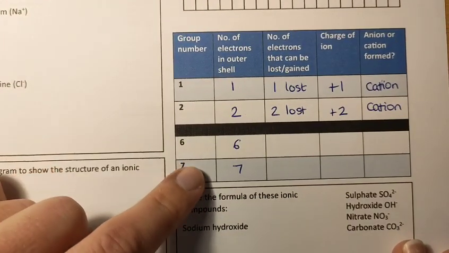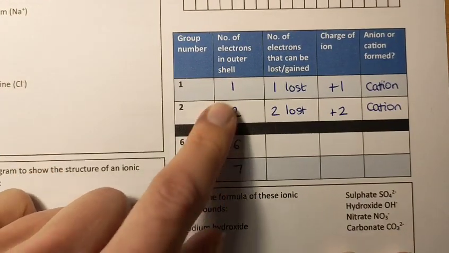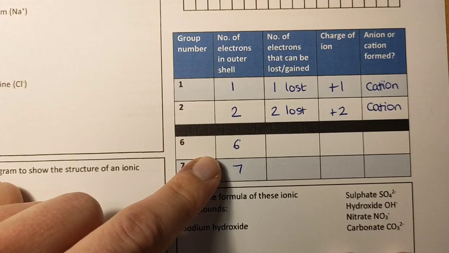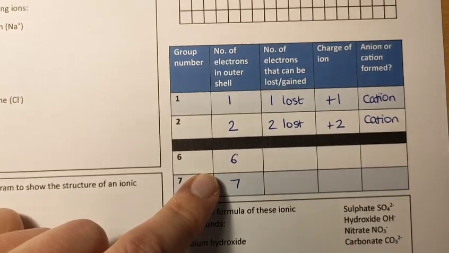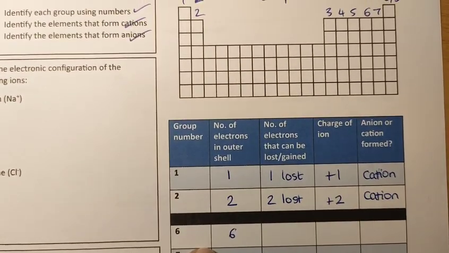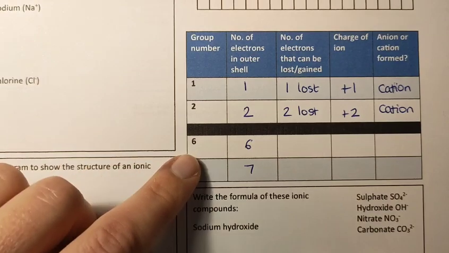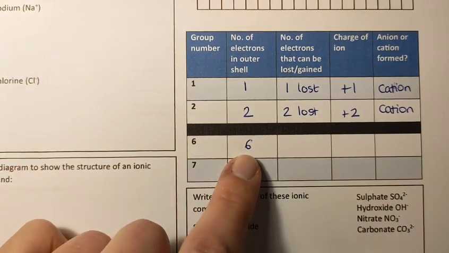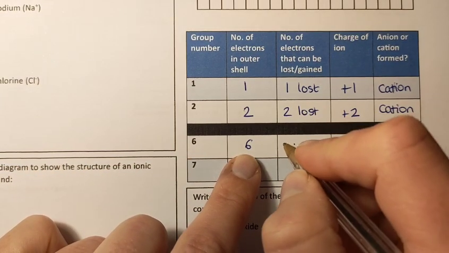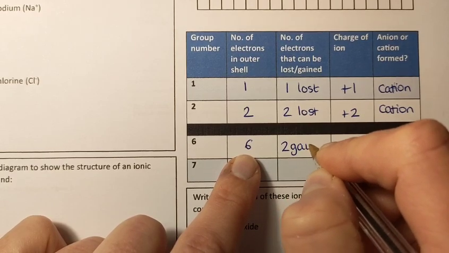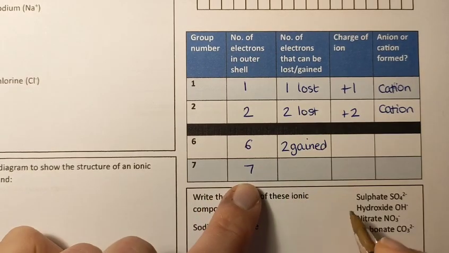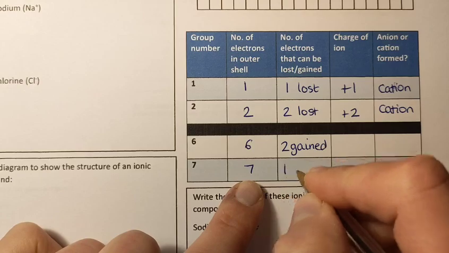Let's look at these ones, a bit more tricky. Group 6 and 7. We're looking at filling the outer shell. If we remember from our previous learning, we can have up to 8 electrons in the outer shell. So we're trying to make this 8. 6 plus 2 is 8, so that has to be 2 gained. And then for the 7 to make 8, you have 1 gained.